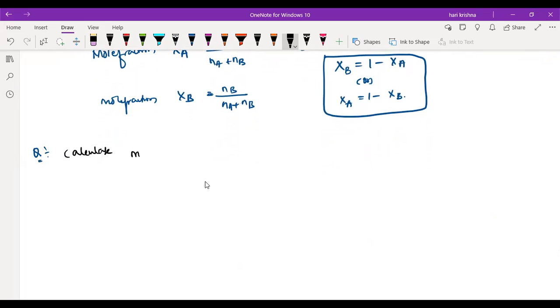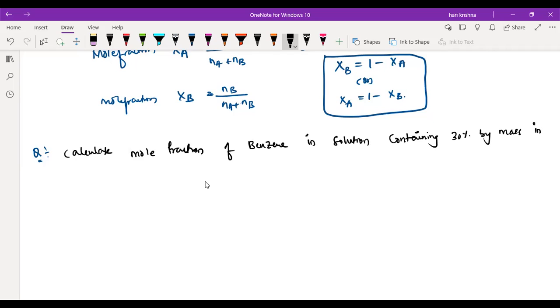Calculate the mole fraction of benzene in a solution containing 30% by mass in CCl4.